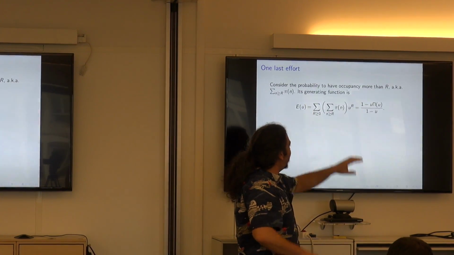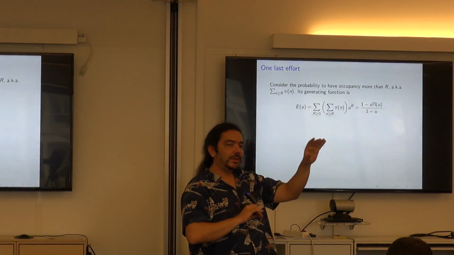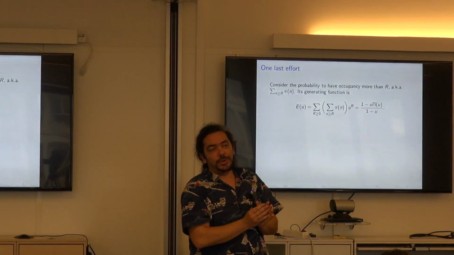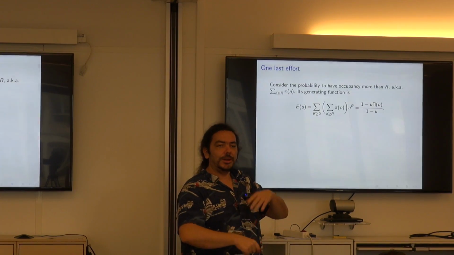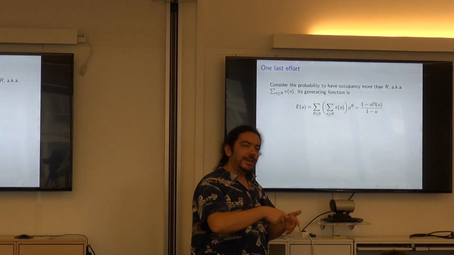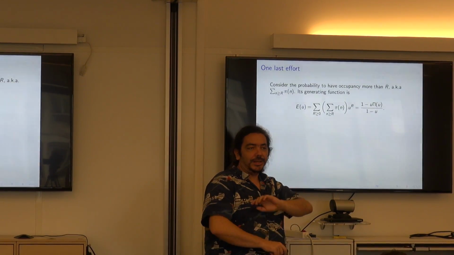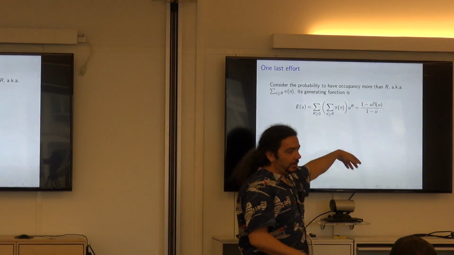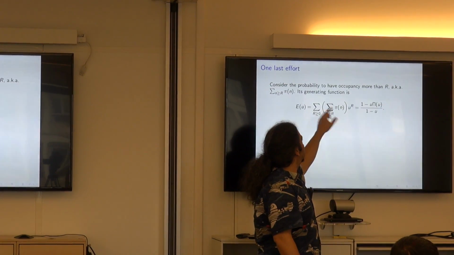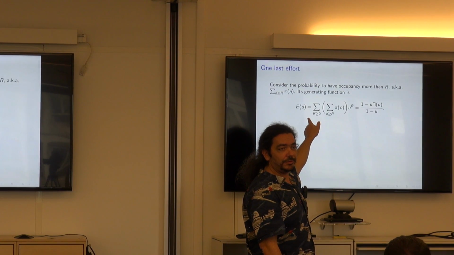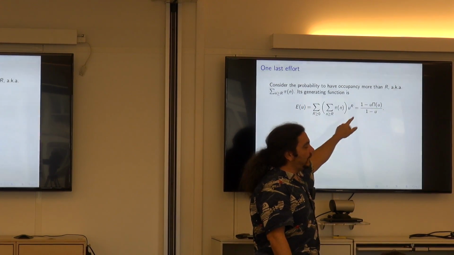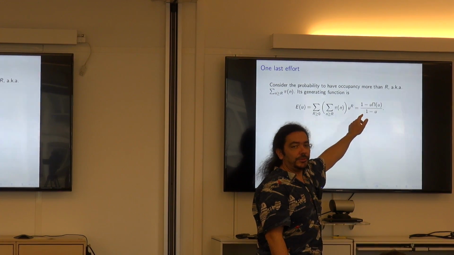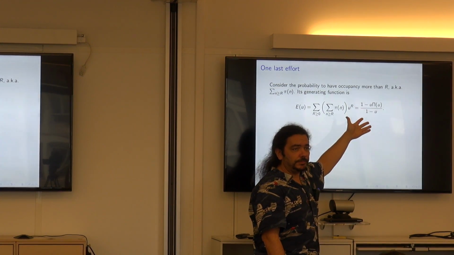You see lots of terms with R and N that depend on R. I won't do the puzzle here, but you can try to rearrange the terms to make the expression of pi appear and reorder the u's that are left over. If you do some rearrangement, basically you get this expression. So the generating function for the probability to have more than R occupancy is just a variation of the generating function of your queue.